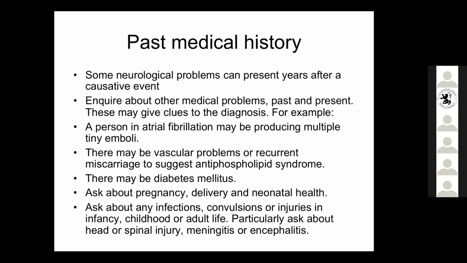A past medical history is important because we should ask them mainly if they've experienced any kind of neurological deficit before or any kind of neurological problems, if they have had any neurological disorders before, if they have any other medical conditions or medical history, if they've had any infections in the past, a history of seizure, injuries in childhood, trauma in childhood or in adult life.